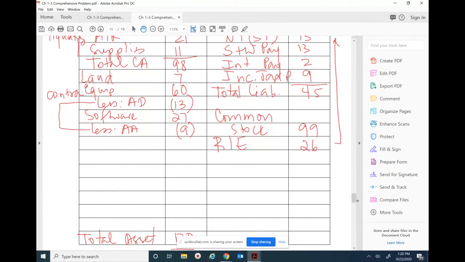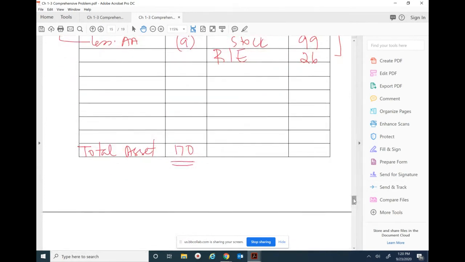Now when I total liabilities plus common stock plus retained earnings, I should get the same number, 170. So it is very, very important for total assets to balance and to equal liabilities plus stockholders' equity.